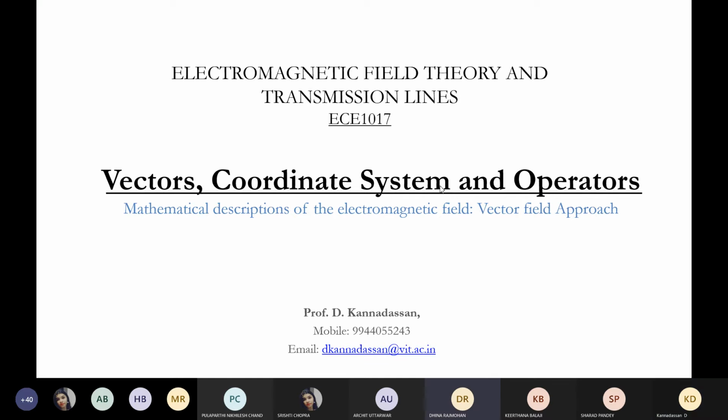Yes, but not the triple product part. Okay. So till cross product, I think you have learned. Correct? And what about the del operator and differentiation in vector calculus itself, like taking divergence and curl? Yes, sir, we have done that. Okay, great.